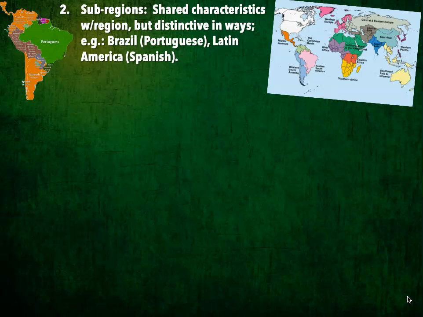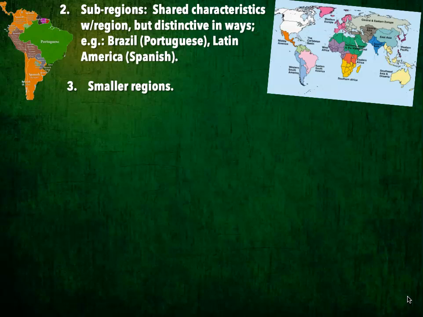But Brazil was originally colonized by Portugal, so Portuguese is still the official language of Brazil, whereas in most of the rest of South America, also known as Latin America, those areas speak Spanish, which goes back to Spain colonizing large parts of South America. So the shared characteristic is that they're on the same continent, in the same large region, but there are things that are very distinctive about each, and that's where we get into that whole subregion descriptor, okay?